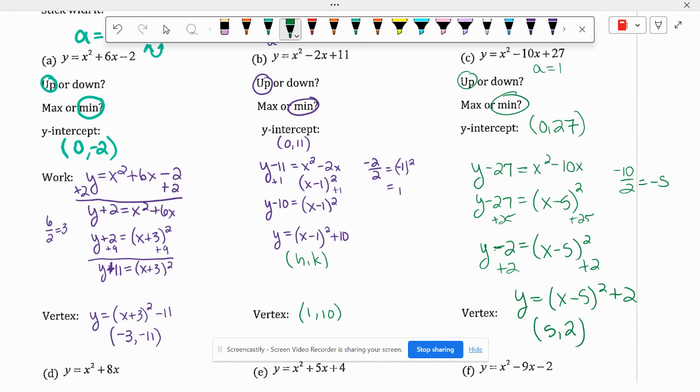Now move that 16 back over to the other side. So y equals (x plus 4) squared minus 16. So you tell me what your vertex is.